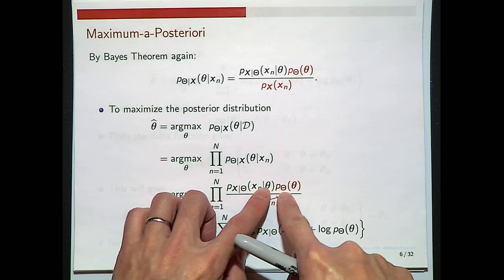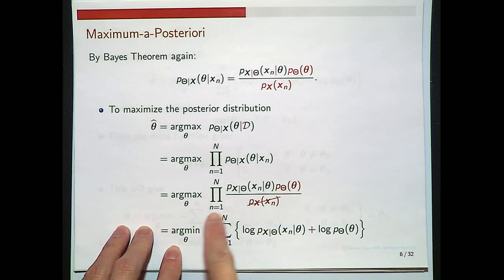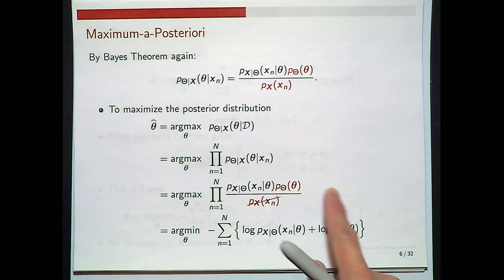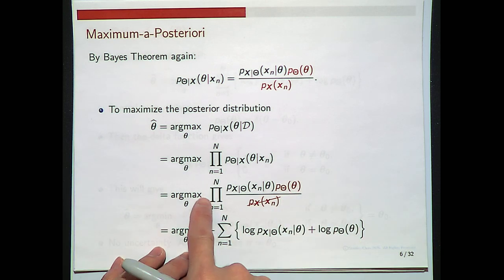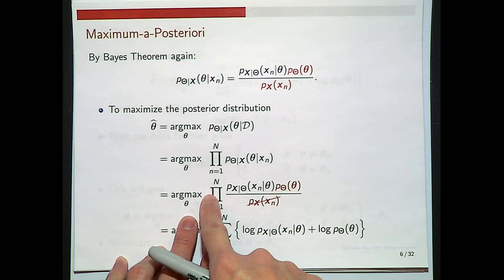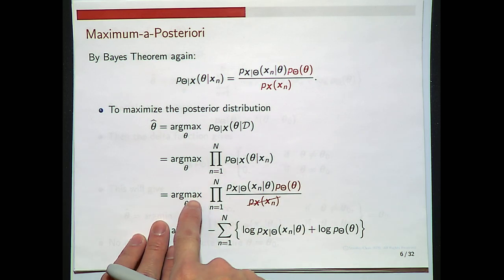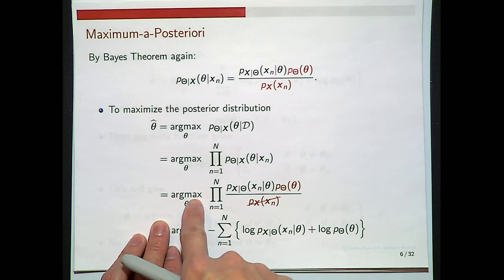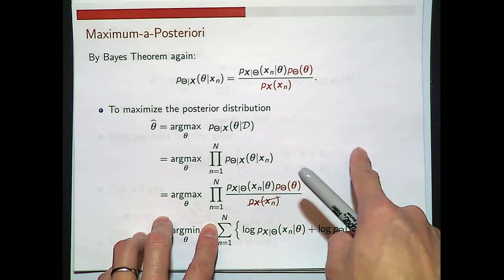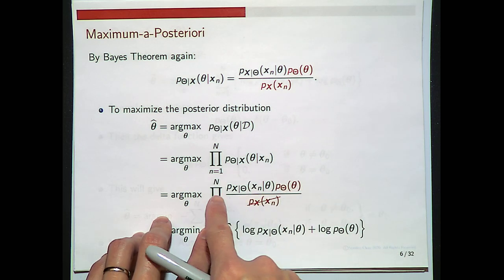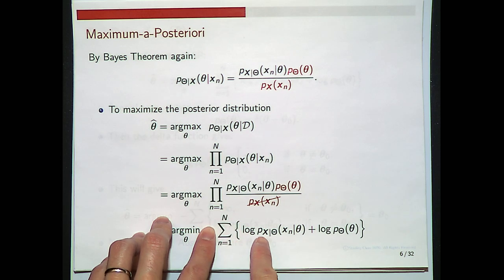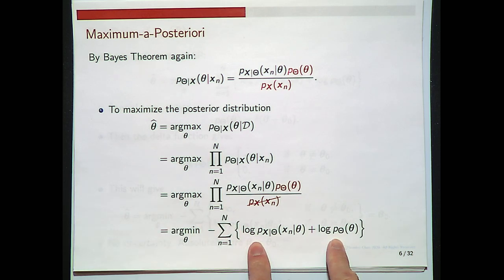Now, when you have this p of theta here, you realize that that's just like doing a regularization to your problem. In what sense? Well, if you take the negative log onto this equation, then the negativity will change the maximum to minimum, and the log is monotonic increasing, so it won't change the maximizer. You can just put a log over here, then you can turn this product to a summation, and then individually you will have the two logs.